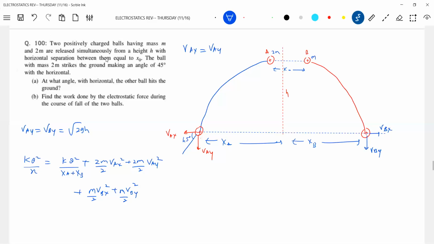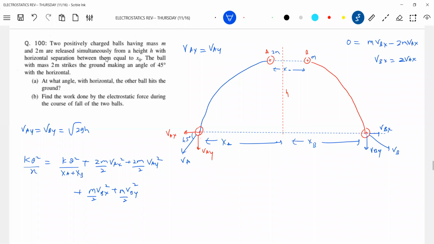And applying conservation of linear momentum, 0 should be equal to m VBX minus 2m VX. So VBX is equal to 2VX. I think this will help us a lot. So with what speed it will strike.